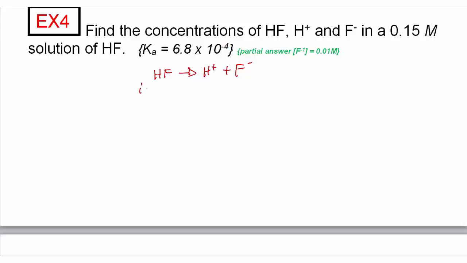Do ICE, 0.15 initial, nothing for the others, minus x and plus x. 0.15 minus x is an equilibrium concentration for hydrofluoric acid, and x is for hydrogen ion and fluoride anion. Okay.